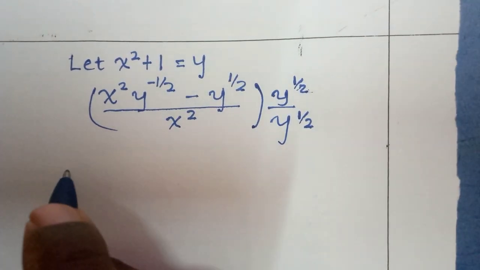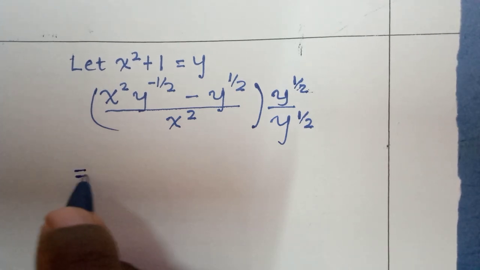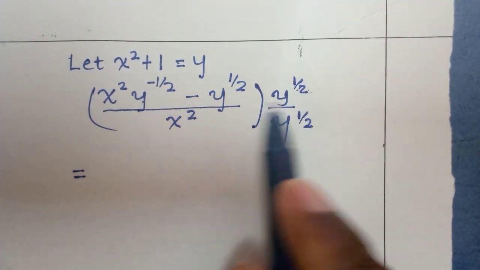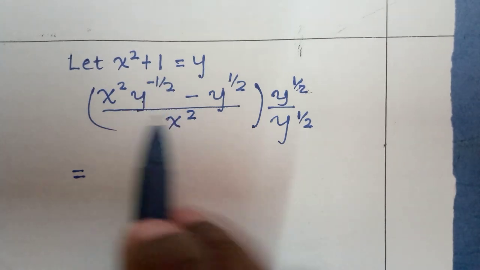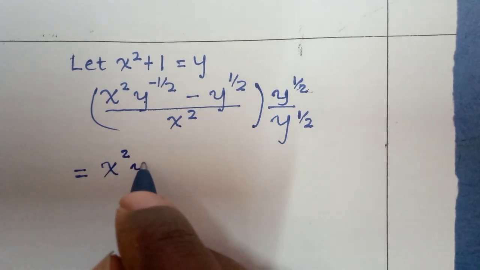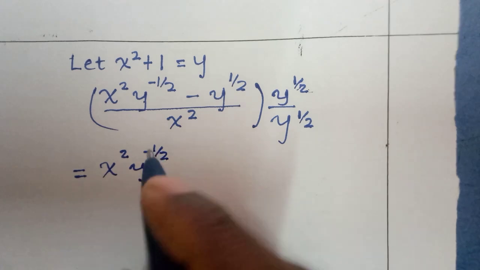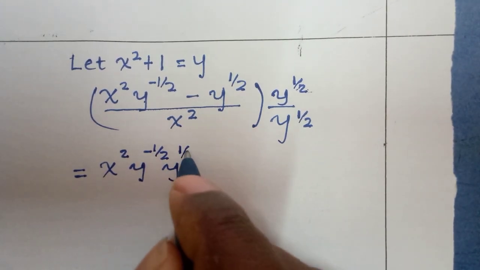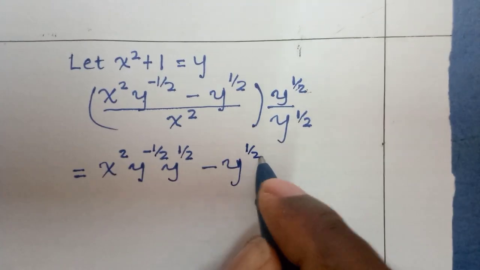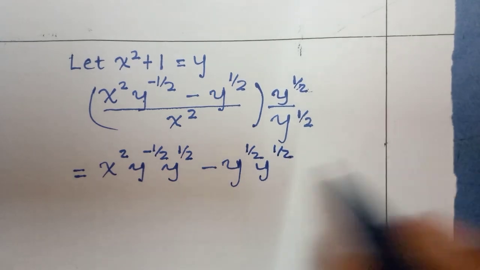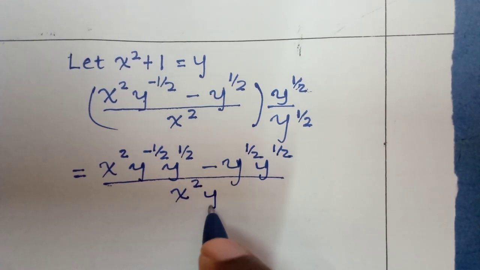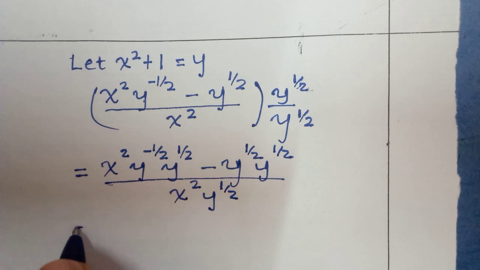Then this will be equal to y raised to negative a half multiplied by y raised to a half, minus y raised to a half multiplied by y raised to a half, all over x squared multiplied by y raised to a half.